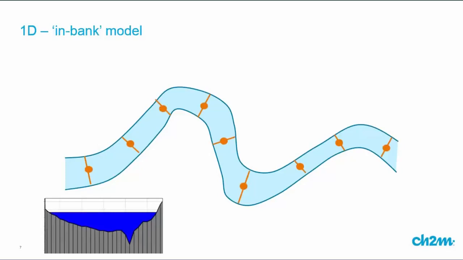We identify that as a node, and the filled-in circles on the screen are the nodes that have got data on the cross-section. There's a little picture at the bottom left showing what a cross-section of a river would look like. So that would be an in-bank 1D model where the only information it's got on the river are the cross-sections at those points and the distance between those cross-sections. That's a standard traditional 1D model of a river.